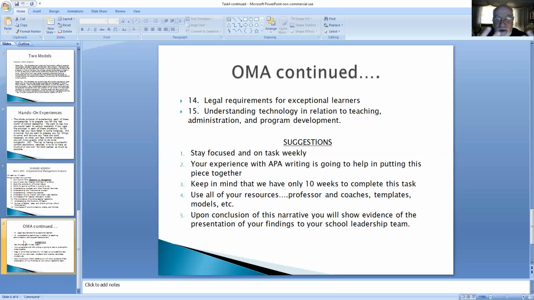When I say mistakes, I'm talking about APA writing, I'm talking about documentation. We've got almost a full year under our belt with 601 and 602. So I'm really expecting our writing to be more in line with following APA writing standards.